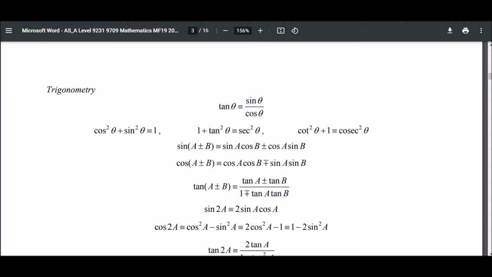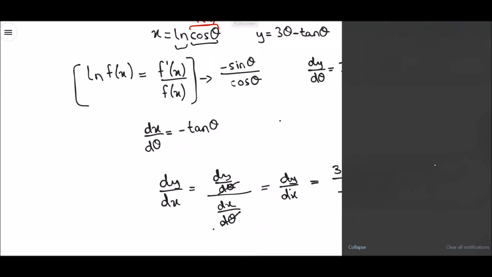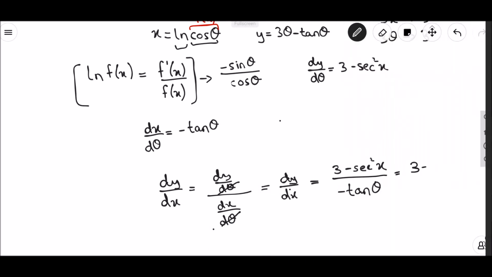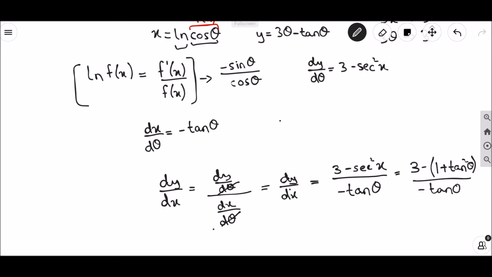So we'll just replace this value with 1 plus tan squared theta, and minus tan theta would be as it is.